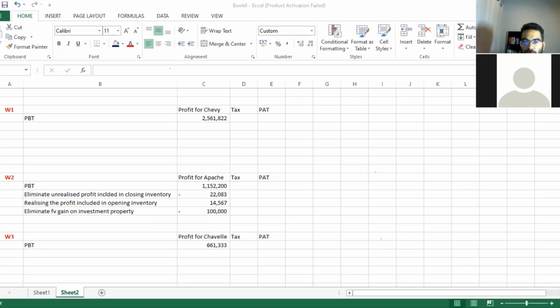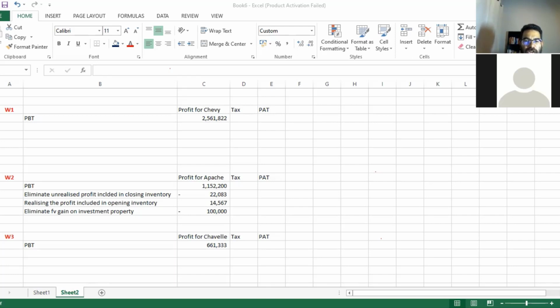Now we can deal with the last intercompany transaction. The last intercompany transaction says Chevy sold furniture to Chevelle on 1 November 2016 for 14,000 Rand. So who has the profits? Chevy has the profits, so we're going to make this adjustment in Chevy's profit figure, the parent.